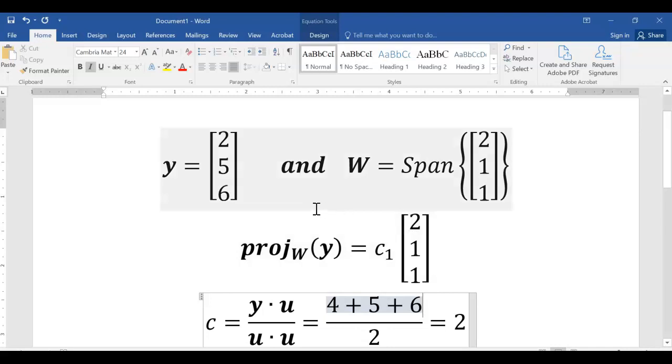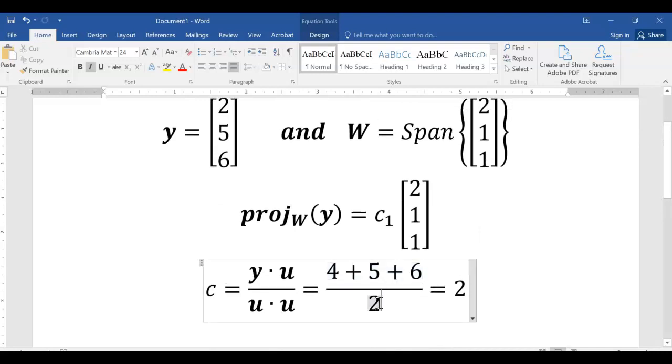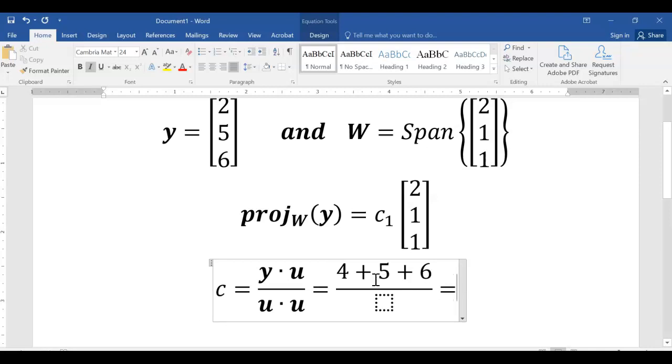I said that wrong. 2 times 2 is 4. 5 times 1 is 5. 6 times 1 is 6. So the coefficient on top is going to be 15.